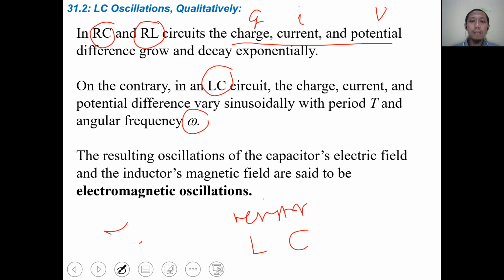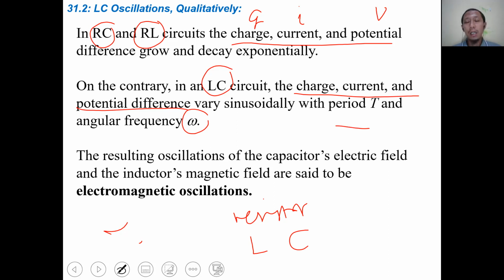So the charge, current, and potential difference will be stored in the inductor and in the capacitor, and will become sinusoidal current, charge, or potential with a period of T.